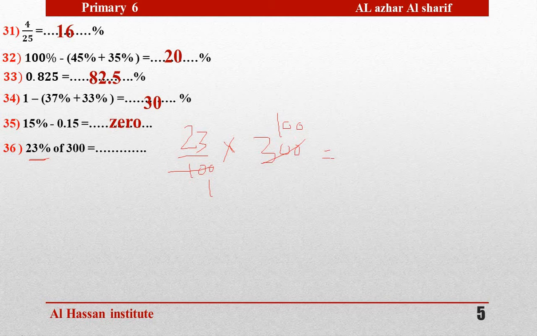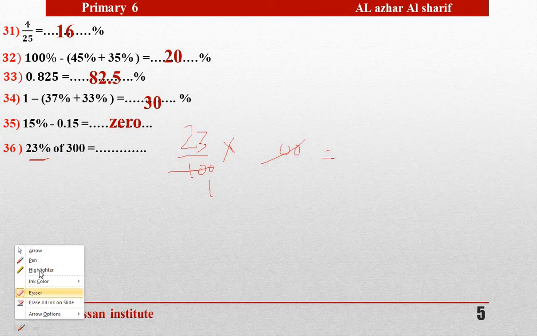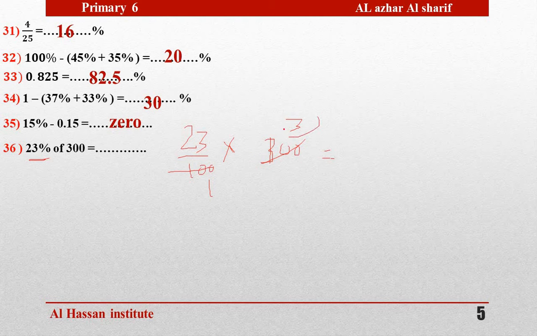Sorry. Equals 23 times 3. Cancel two zeros. 3 times 3 equals 9, and 2 times 3 equals 6, so 69.